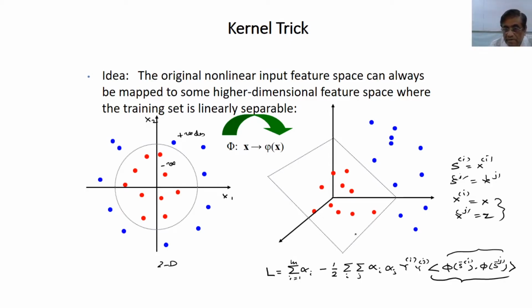So you see in the higher dimensional feature space where the data are linearly separable, our Lagrangian function will look like this. Okay.